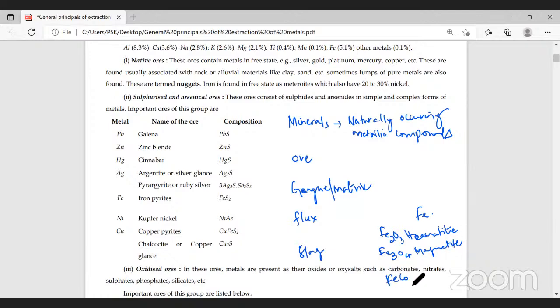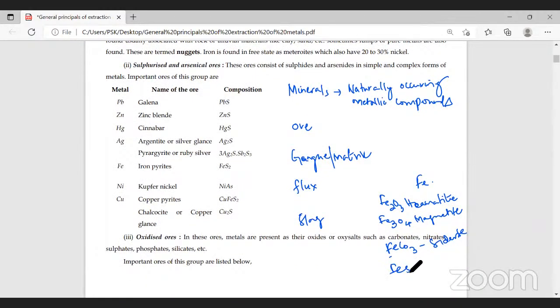We have FeCO3, called siderite. Since iron is reactive, it exists in the combined form. It exists as oxides, iron oxide, and as carbonate. It also exists as iron pyrites, FeS2. All these are called minerals. Minerals are naturally occurring metallic compounds. So metals which exist as compounds in nature are called minerals. So for iron, there are 4 minerals.